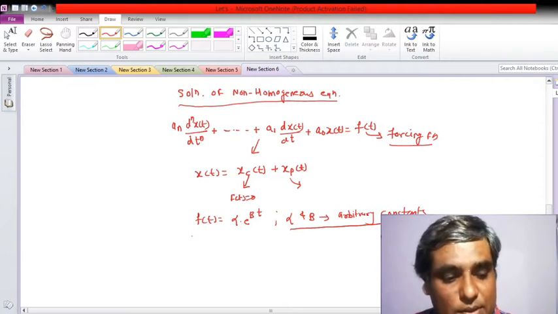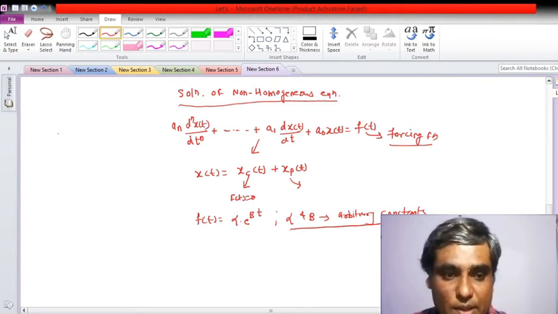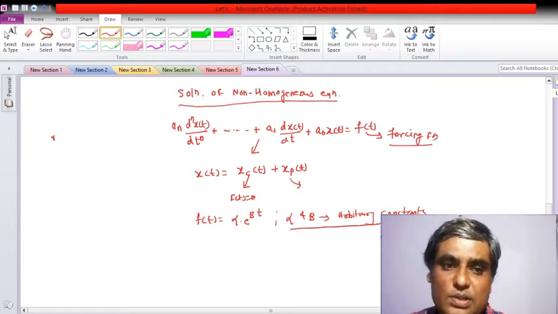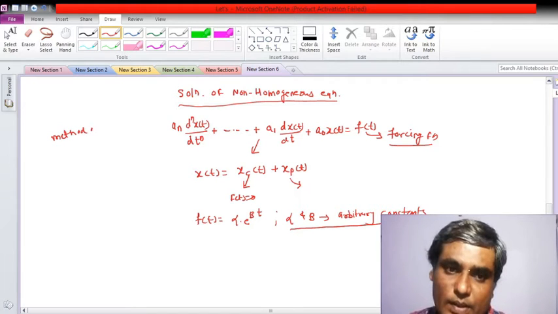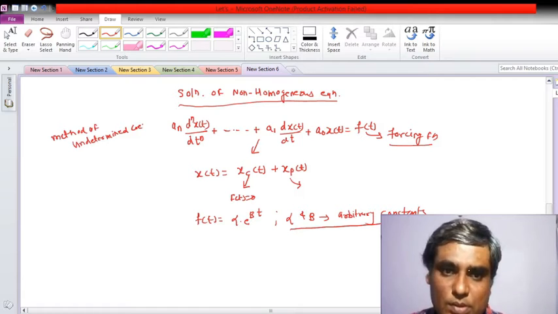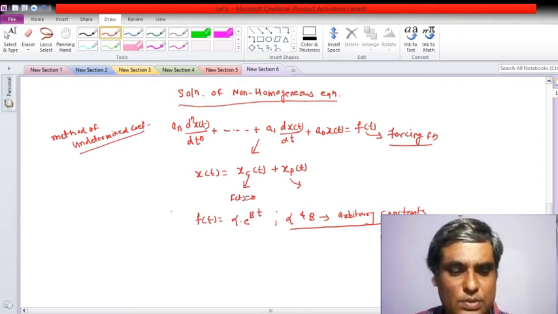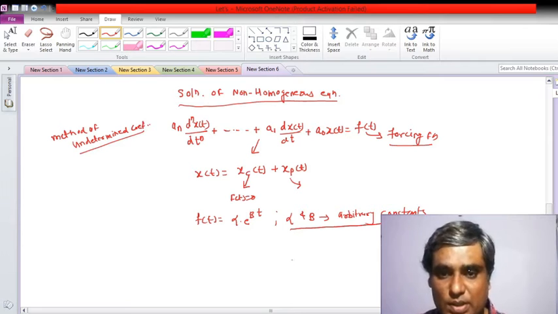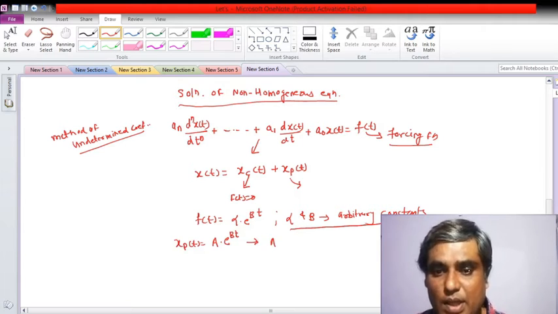So basically, the method for obtaining the particular solution can be appropriately called the method of undetermined coefficients, or you can call it unknown coefficients. Okay. So for this, what will be my particular solution? xp of t will be in the form of a into e raised to beta t. And what is that a? a is the unknown which is to be computed.